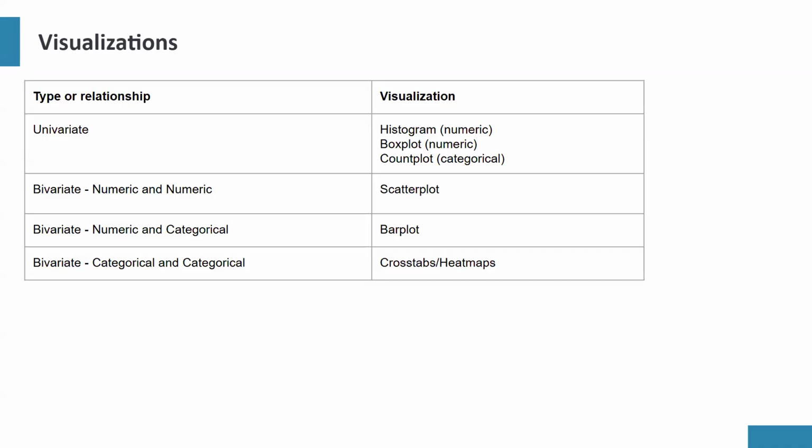A bar plot visualizes the relationship between a categorical variable, so let's say section type. I've got my morning and my afternoon, and then my y variable, which is numeric, which is my average test scores.